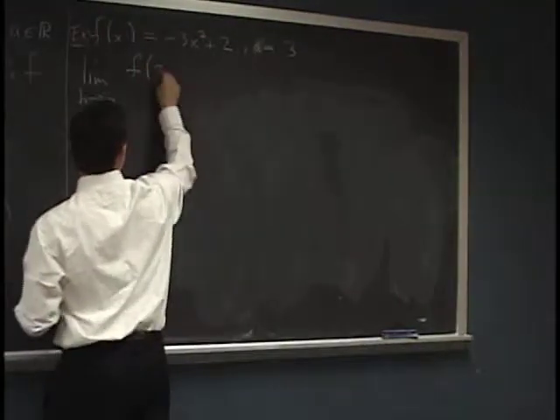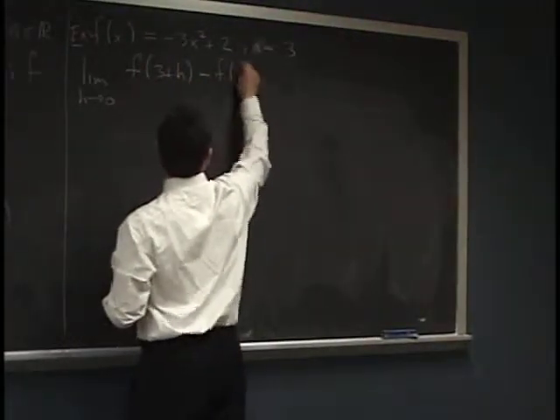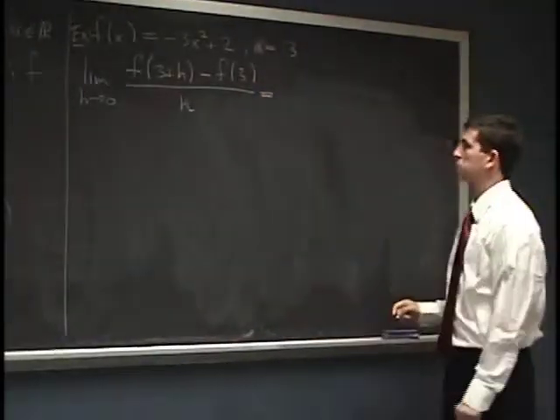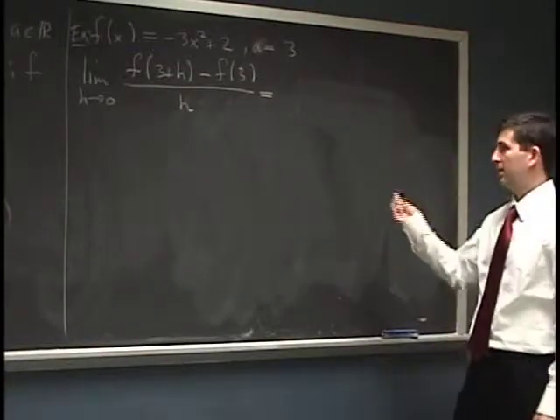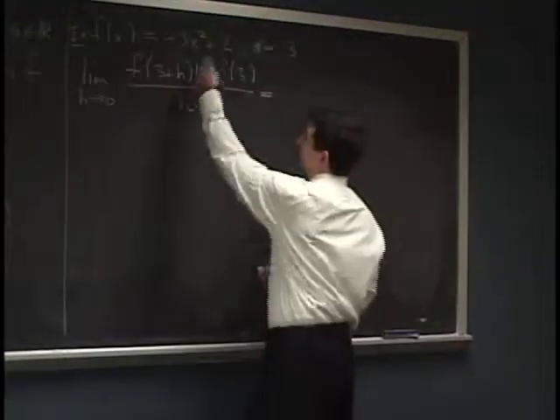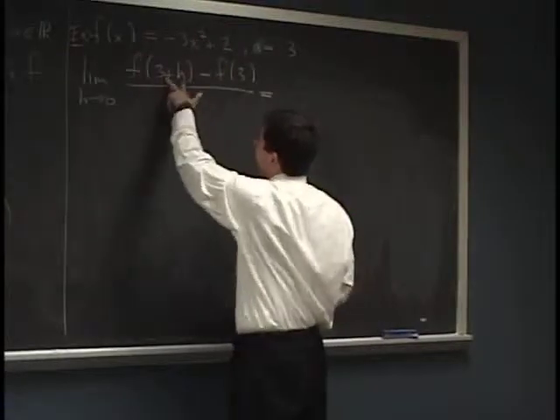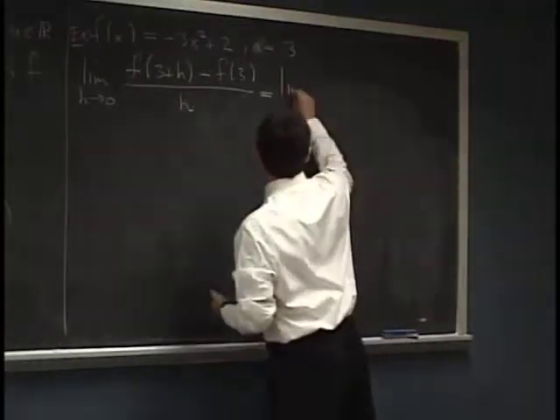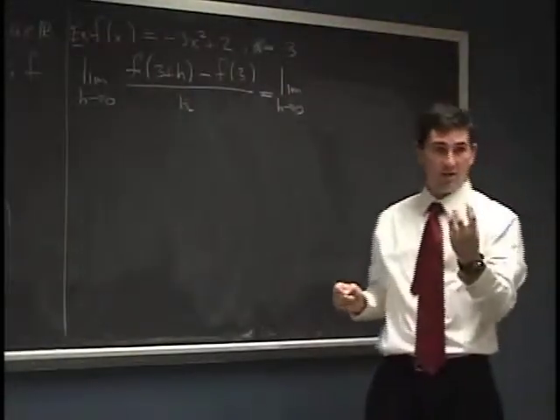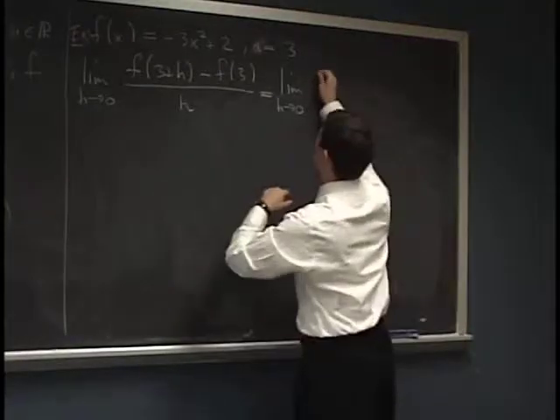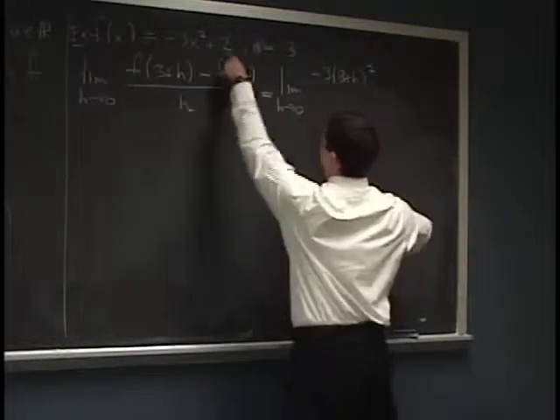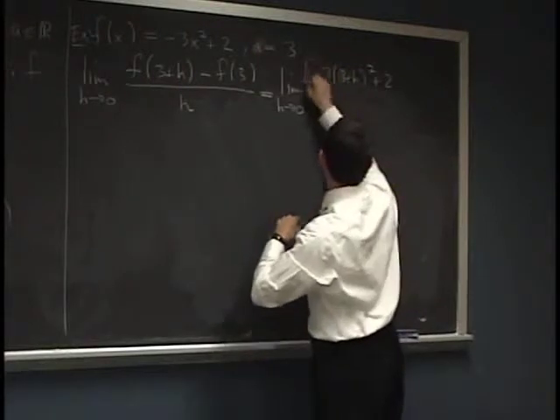We're going to look at, okay, a is 3. Okay, well, what do we do? Plug it in, right? We have a function, we have some values. We just got to fiddle with it. So let's see. All right, so f of 3 plus h. That means everywhere you see an x, you have to put a 3 plus h. So I get negative 3 times 3 plus h squared plus 2. Okay, that's the first part.